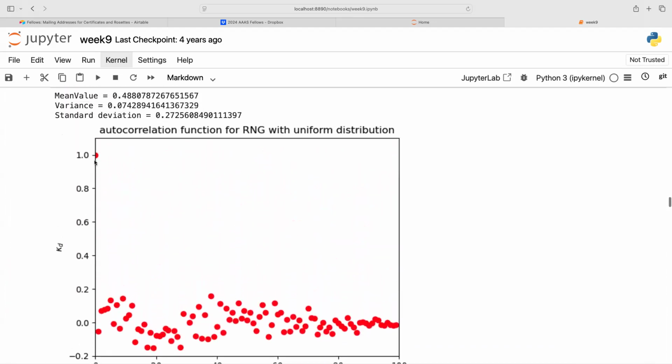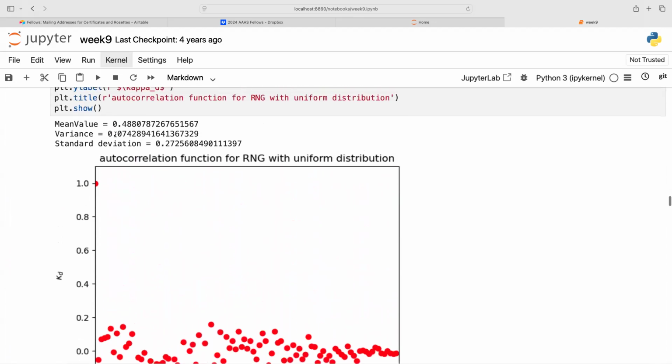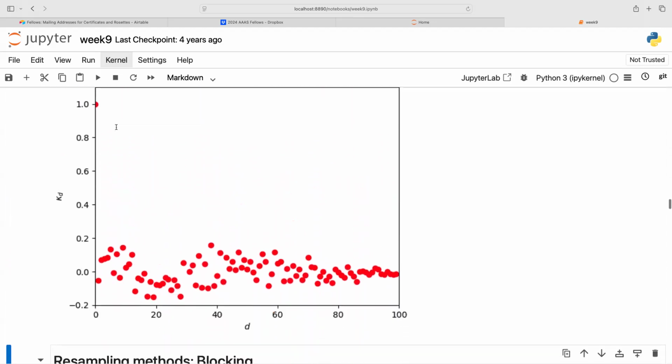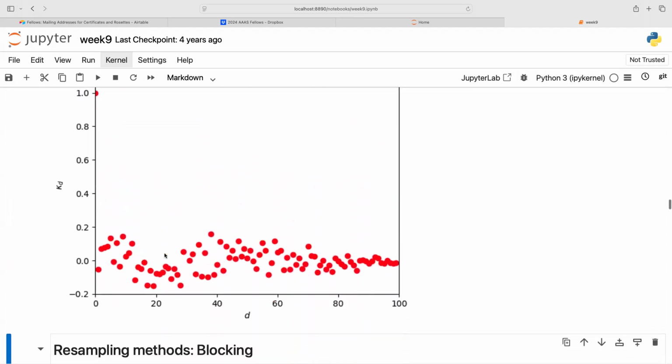You have 1 at lag 0. You see that with 100 points, you don't get 0.5, and you're not getting 1 over square root of 12, but you're getting something near it. But you also see that you need to go up to quite a distance between your measurements before the correlation function is getting close to 0.